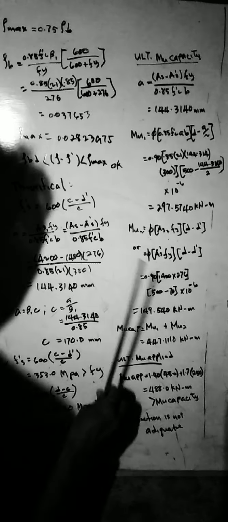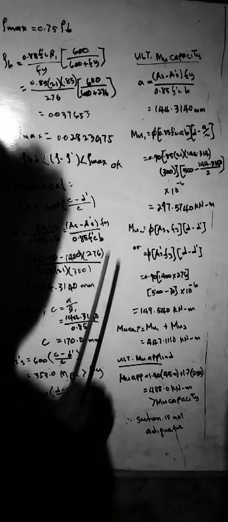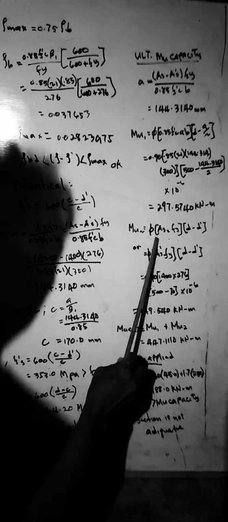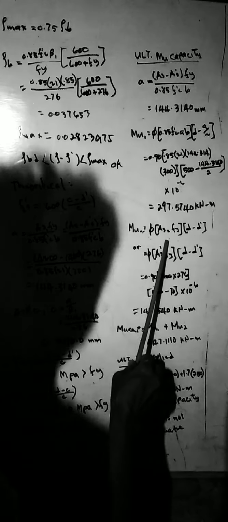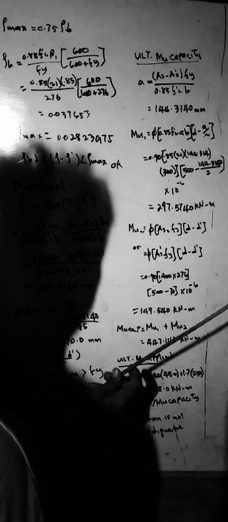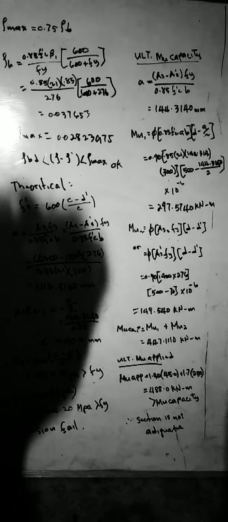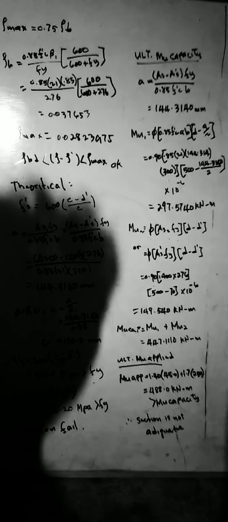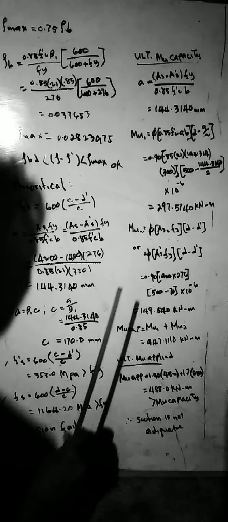Okay, the ultimate moment capacity 2 is this equation. This equation is also derived from the steel-to-steel component of the section.